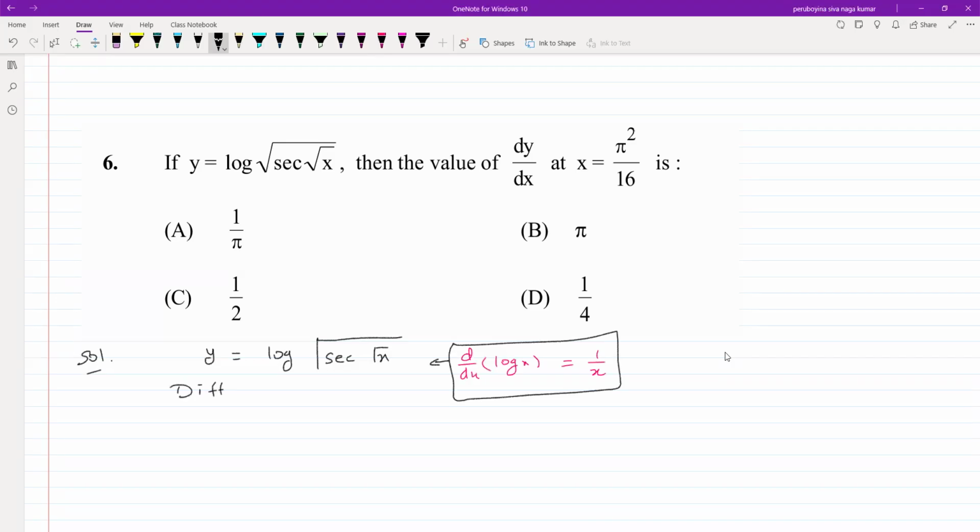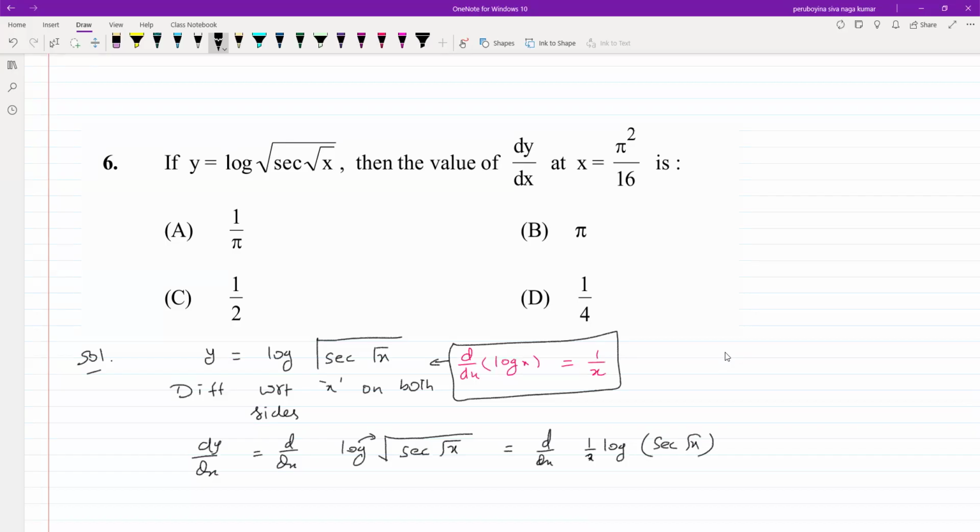So differentiating with respect to x on both sides. y derivative dy by dx and d by dx of log of root secant root x. So the log will make this square root as 1 by 2. So d by dx of, you can write, 1 by 2 log secant root x.